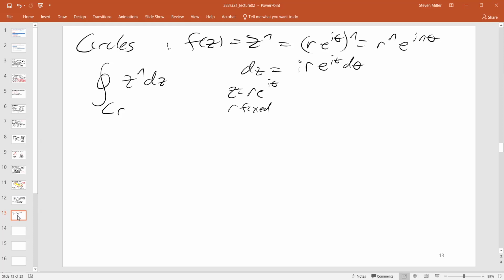So this integral should be like the integral, theta goes from 0 to 2 pi, z to the n is going to be r to the n e to the i n theta times i r e to the i theta d theta. Okay, good. So when you see this integral, what do you want to do?